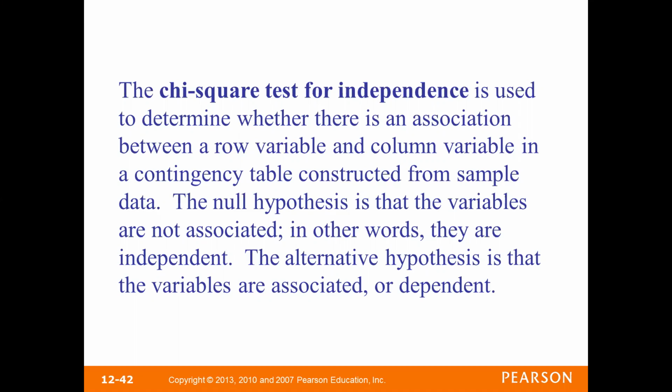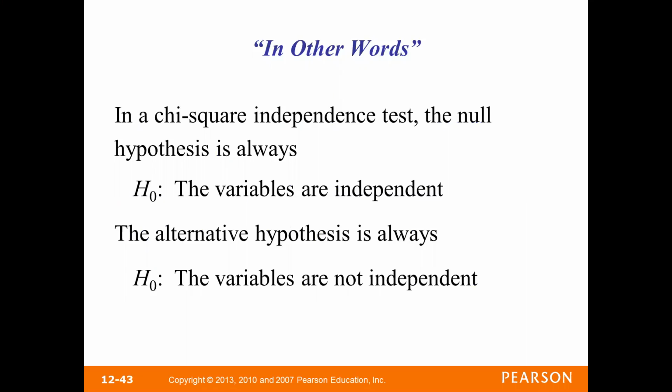In other words, the null hypothesis is that the two variables are independent. The alternative hypothesis is that the variables are associated or are dependent. So in other words, for a chi-squared test of independence, the null hypothesis is always the variables are independent. The alternative is that the variables are not independent.